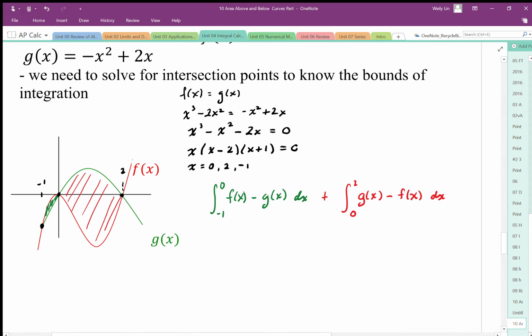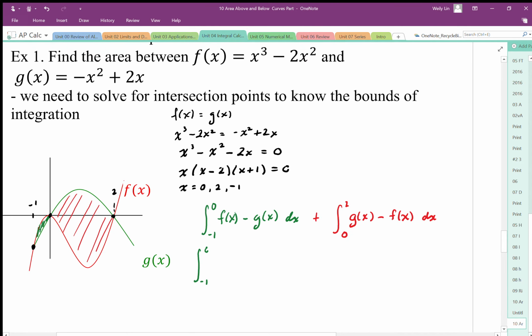So the integral here is going to be from negative 1 to 0. It's going to be the f function, which is a cubic function, x cubed minus 2x squared, minus the g function, so it's going to be minus negative x squared plus 2x, and that's going to be times dx.